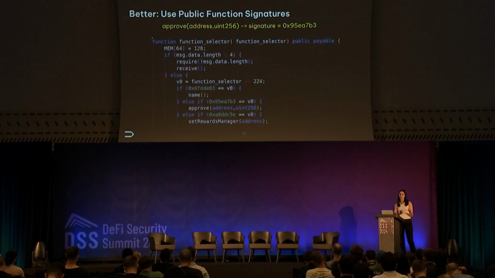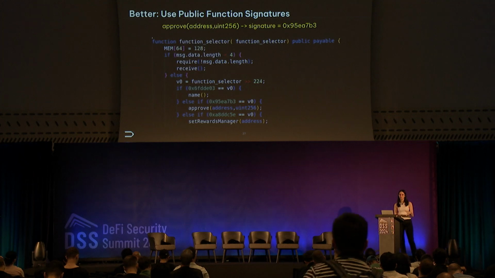Another idea: what if we use some of the data that we do have available on the blockchain? One thing that we do know is that public functions are associated with a function selector, which is just a hash of the function signature. That function selector is then used in a function selector piece of code in the bytecode, which uses that hash to call the appropriate public function.